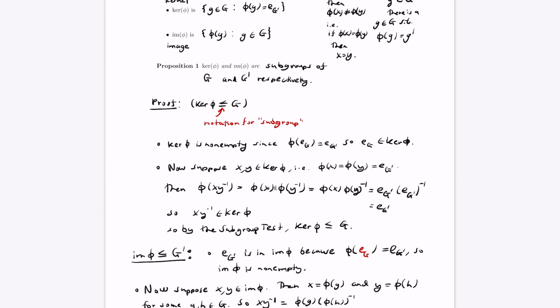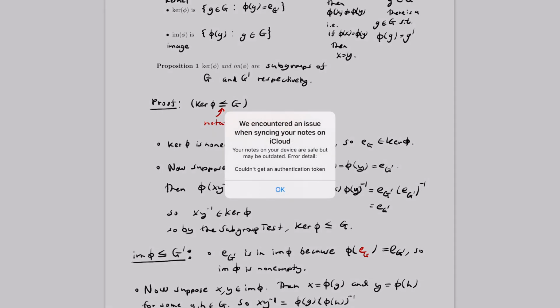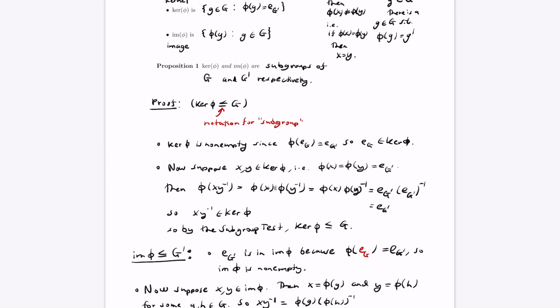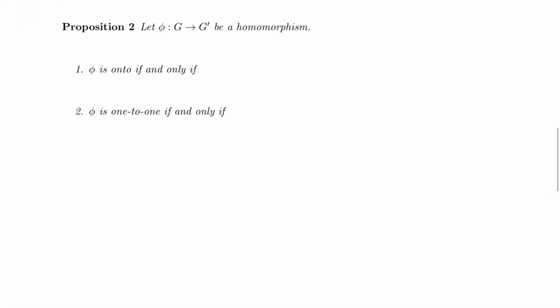Okay, so now, just like in linear algebra, we'll be able to say something about whether or not we have an isomorphism between two groups by using the kernel and the image. So suppose we have a homomorphism between two different groups G and G prime. In order to test for being an isomorphism, you would need to be onto and one-to-one.